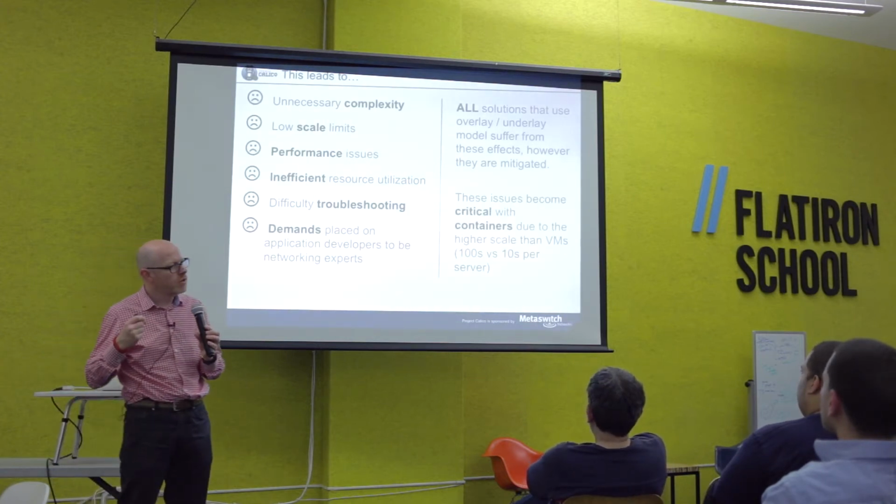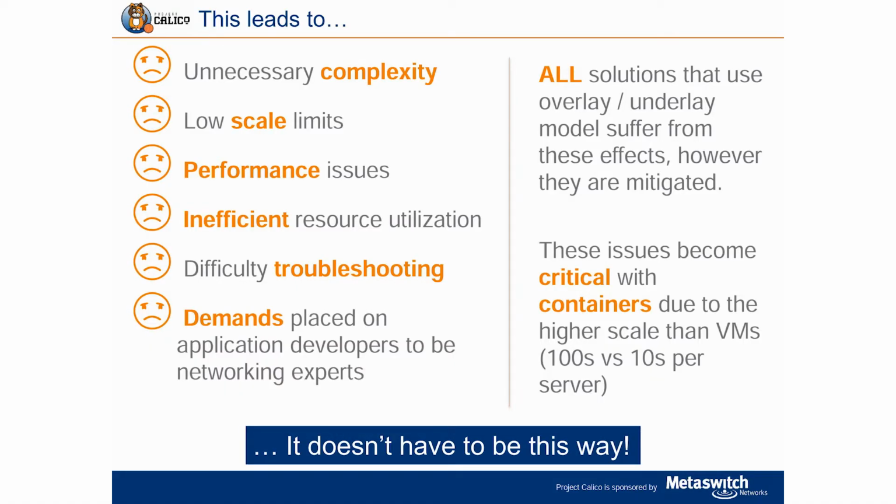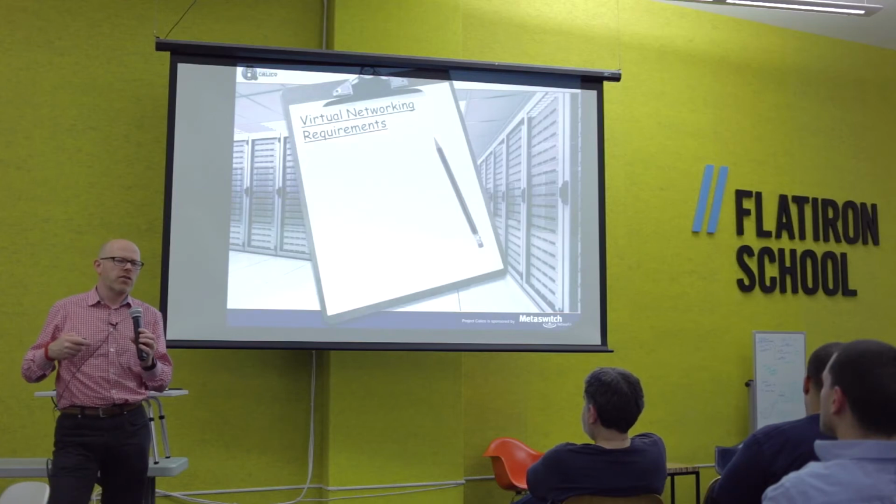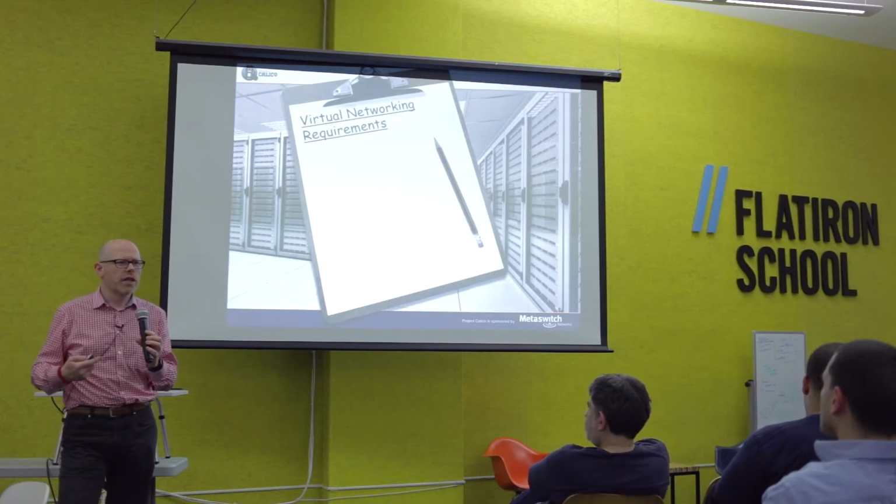And when you start talking about containers as opposed to VMs, and you're getting hundreds of these things on a server living for seconds rather than hours, then it's a very much more dynamic environment, and these issues just get complicated even further. So if you take a step back and think about what you are really trying to do here, it's really quite simple actually.